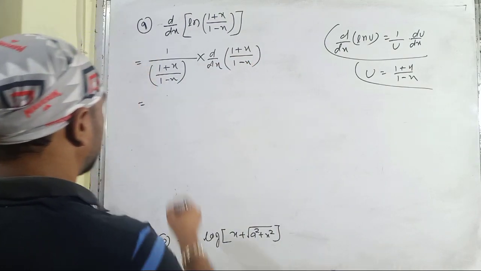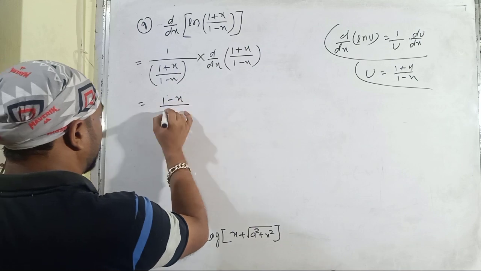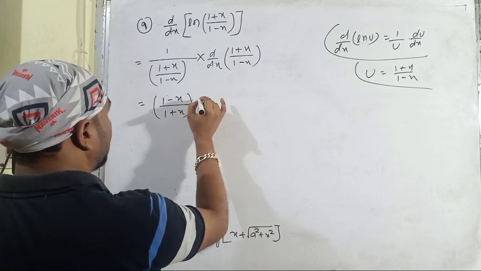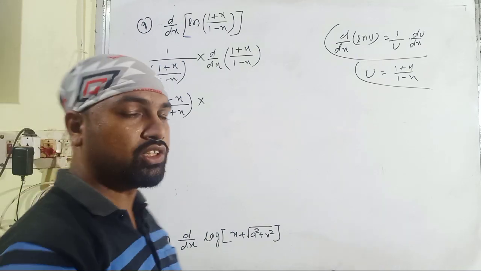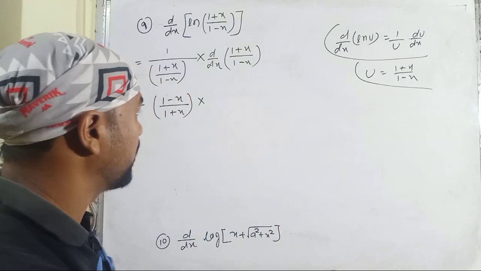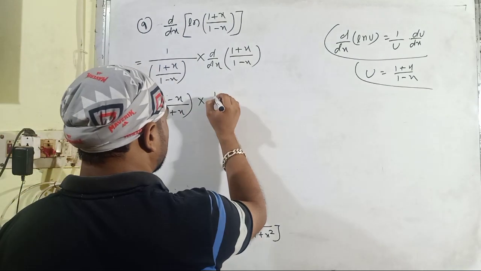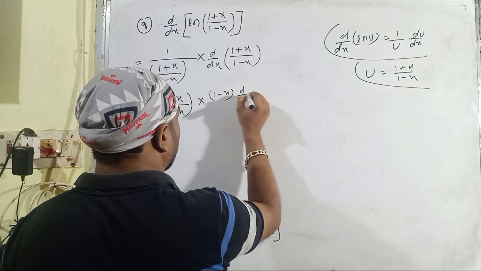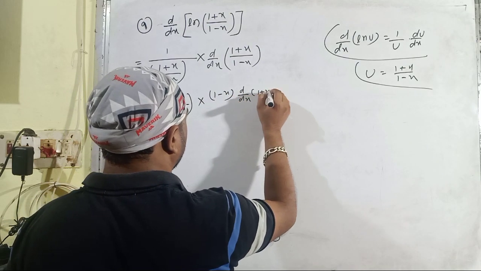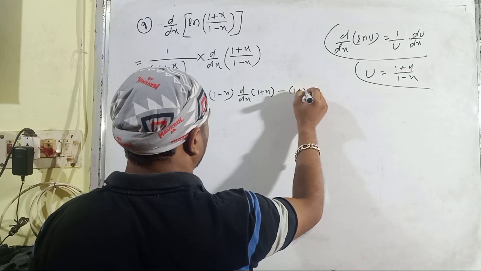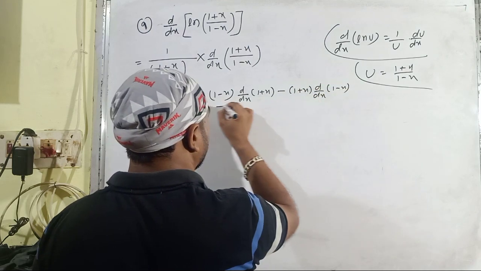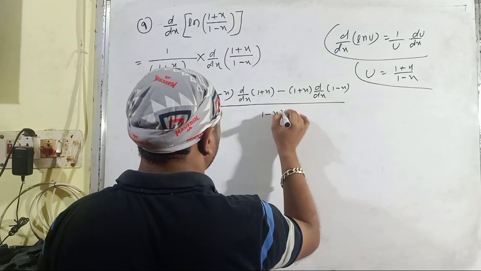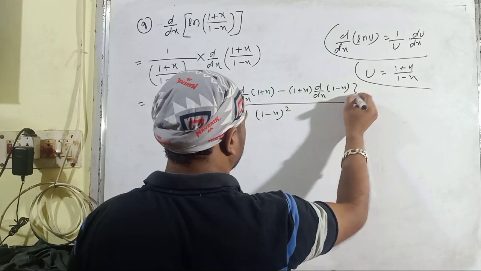Just simplifying, we can have 1 minus x divided by 1 plus x. Then for the differentiation of 1 plus x divided by 1 minus x, we have to use the quotient rule method here. So it is the second function multiplied with the differentiation of the first function minus the first function multiplied with the differentiation of the second function, whole divided by whole square of 1 minus x.